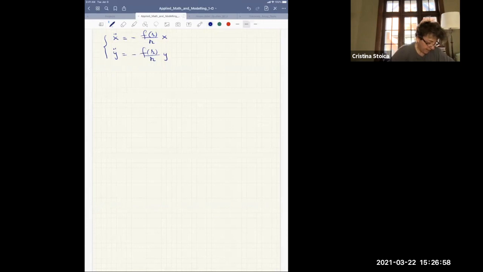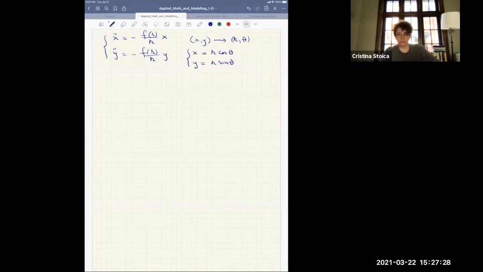Now I want to pass from xy to r theta, where x is r cos theta and y is r sine theta. And I keep telling you, x and y as r and theta will be all functions of time. So whenever I'm doing a derivative, I have to take into account the chain rule.